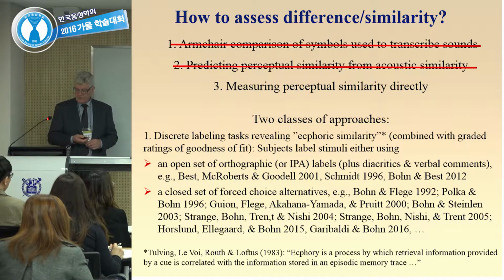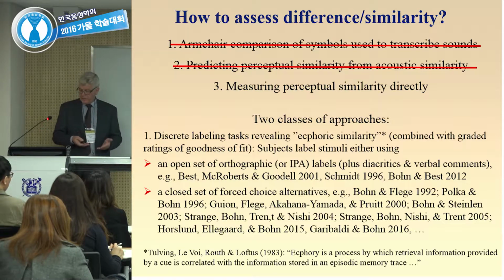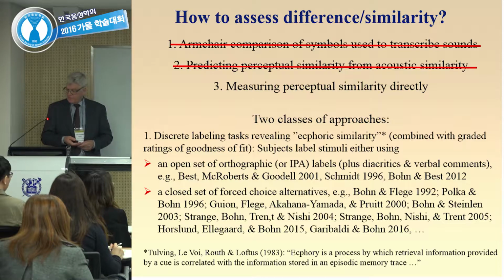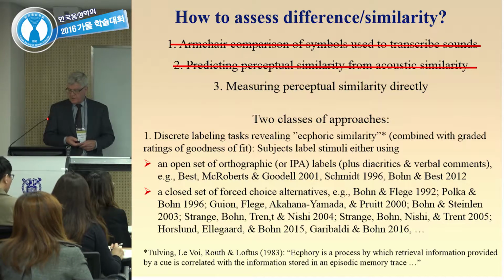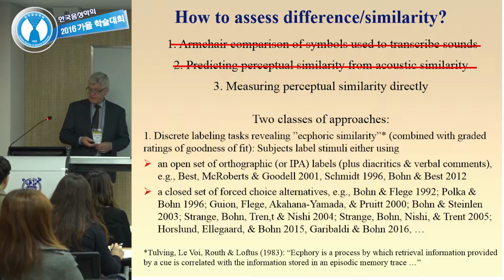It's called ekphoric similarity, and Tulving defines ekphoric similarity, or ekphory, as a process by which retrieval information provided by a cue is correlated with the information stored in an episodic memory trace. And it will become clearer when I tell you how this is done.